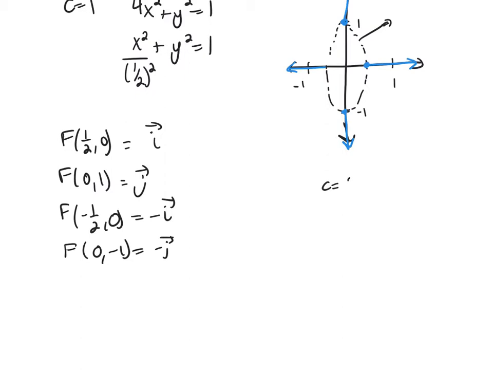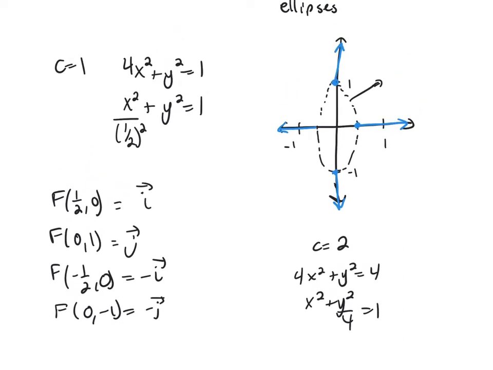And then you want to repeat this for a different c value. So if you take c equals 2, you'll get x squared plus y squared over 4 equals 1. So now my ellipse goes out a distance of 1 on x and a distance of 2 on y.